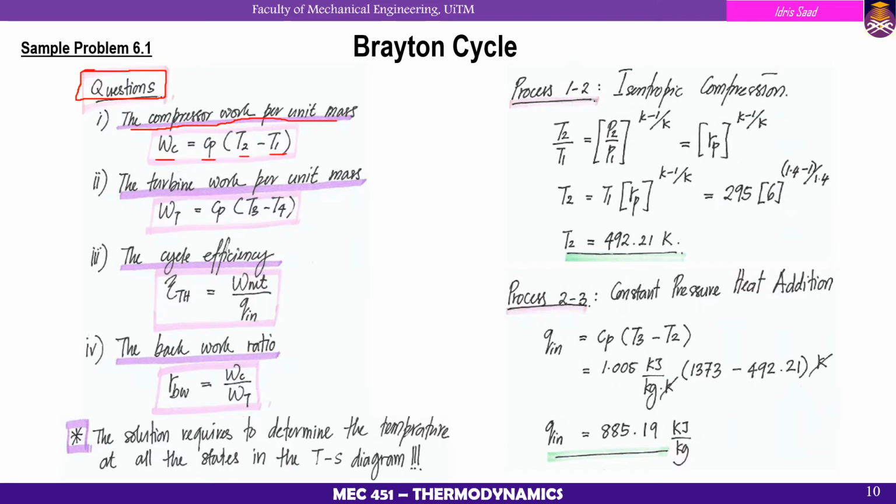Okay, number two is the turbine work per unit mass. We can calculate the turbine work per unit mass as Wt is equal to Cp (T3 minus T4). And also the cycle efficiency, we know that it is net work divided by Q in. And finally, the back work ratio is calculated as compressor work divided by turbine work.